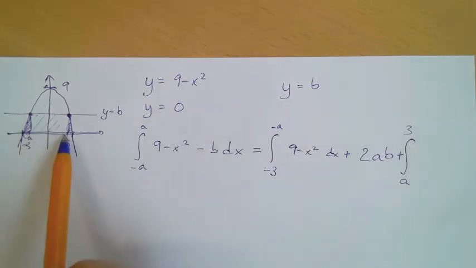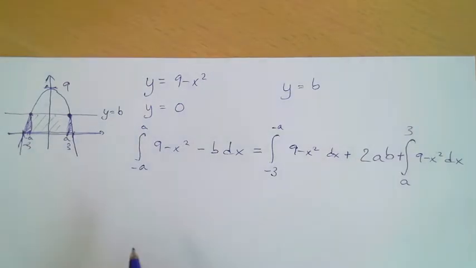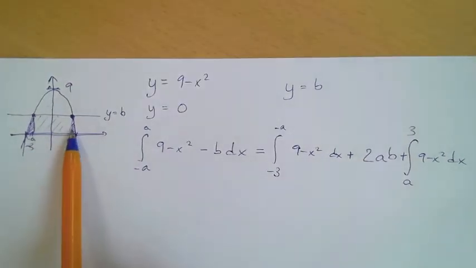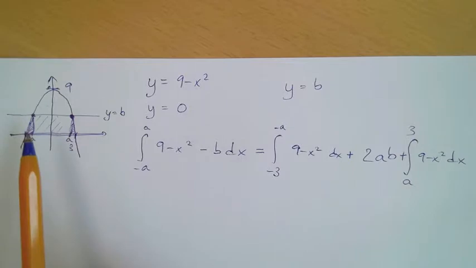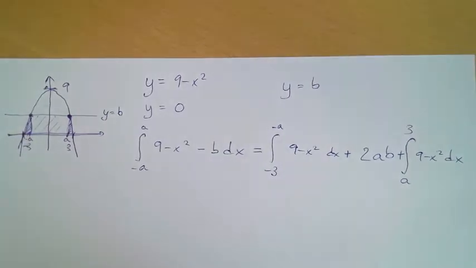It's the integral from a to 3 of 9 minus x squared dx. If you were thinking that this area is equal to that one, so we could have just multiplied this by 2, that's a great idea. Okay, so that's one way of doing it.